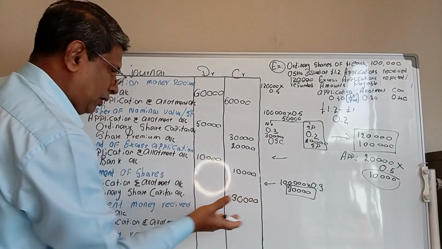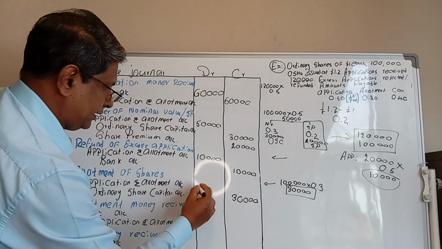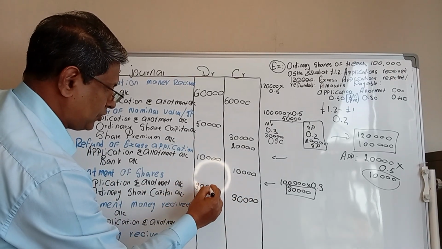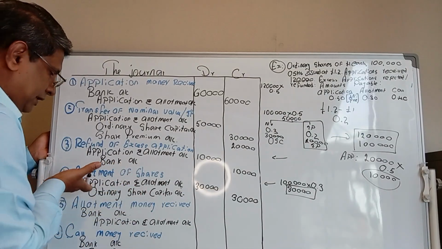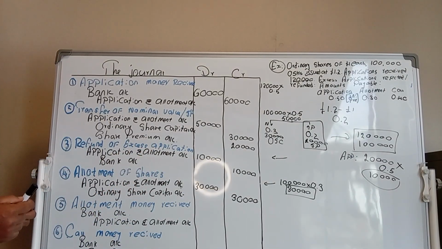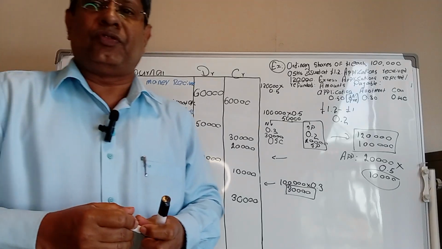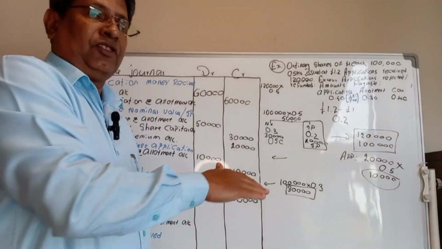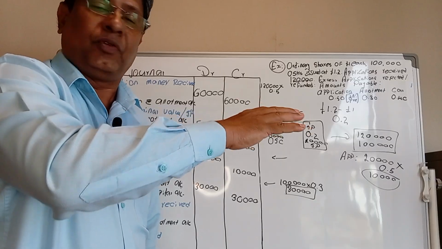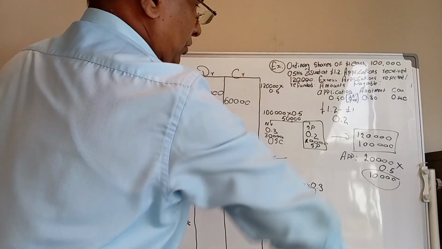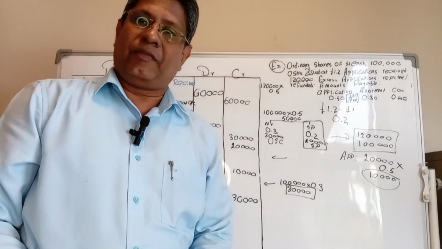So if I credit my ordinary share capital, I will debit my application and allotment. Remember, for this question, I'm not using any narratives because I'm using somewhat of a very small board for you. So I have to utilize my space in a very scarce way.